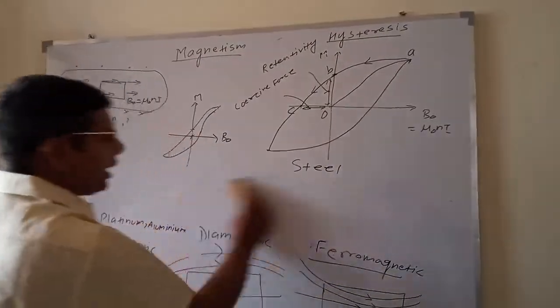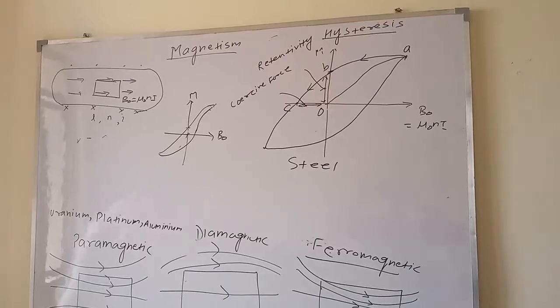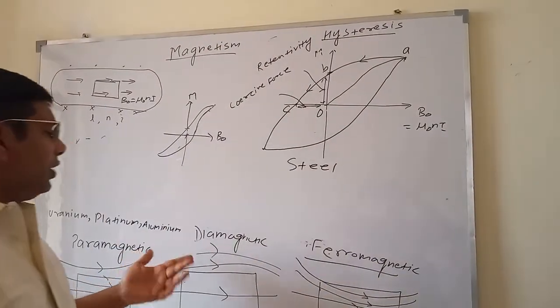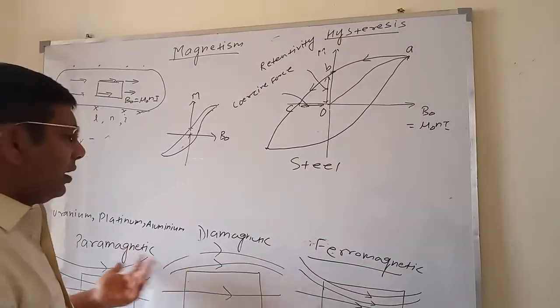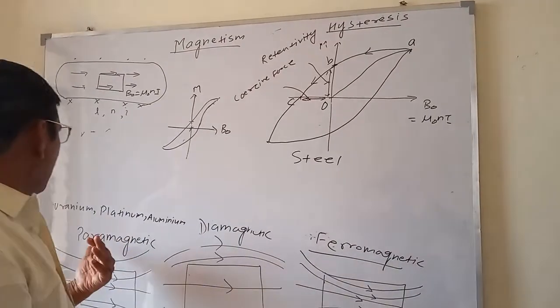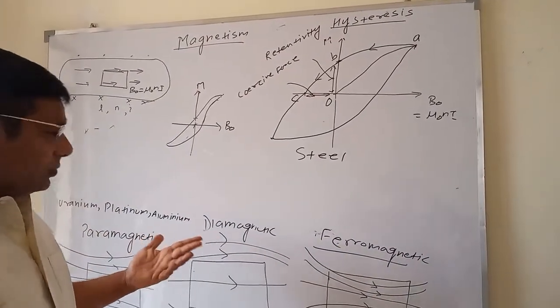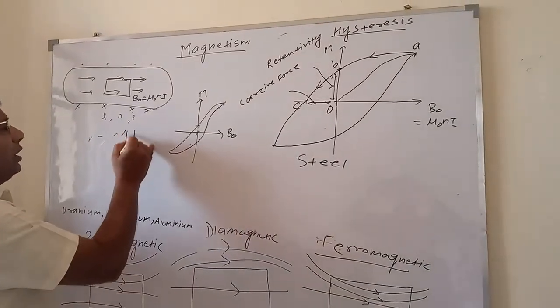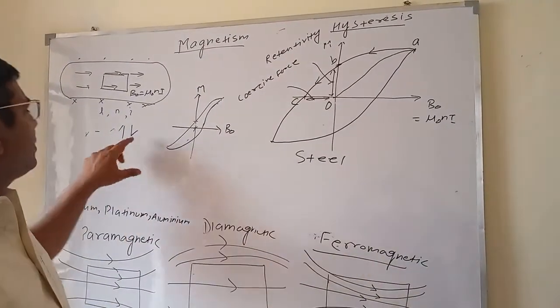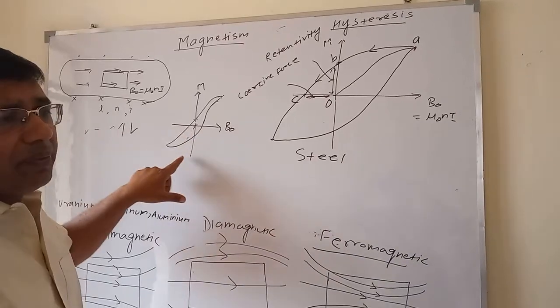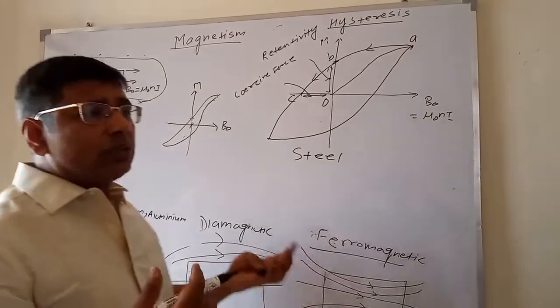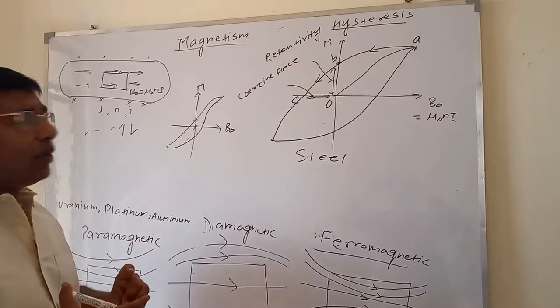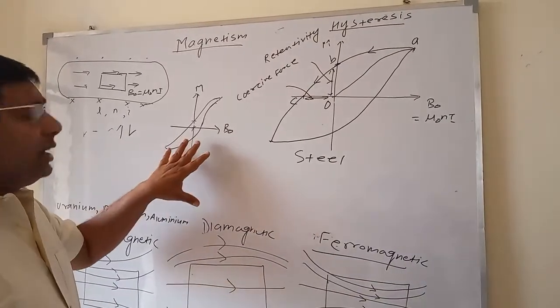Why do not all materials behave like ferromagnetic, or like paramagnetic? The reason is, suppose we take helium. As we have been saying from the beginning, if there is a magnetic field, somewhere charge is moving. So if we take an atom, there is orbital motion.